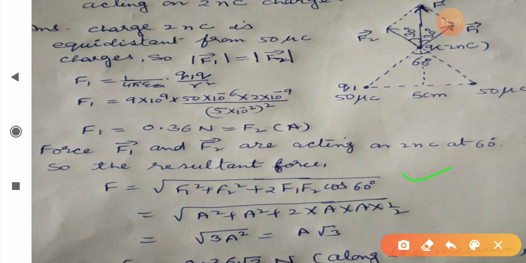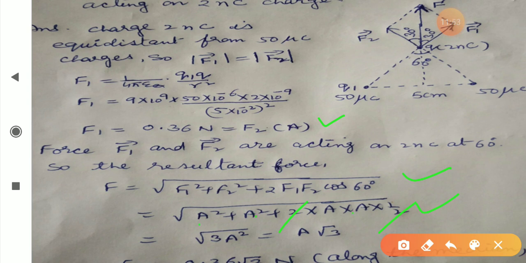And then putting the values, let us assume that each of the forces is equal to A. Then F1 is A, F2 is also A, so A square plus A square plus 2 A into A, and cos 60 is equal to 1 upon 2. Now this 2 and this 2 cancel out, and we get A square plus A square plus A square.